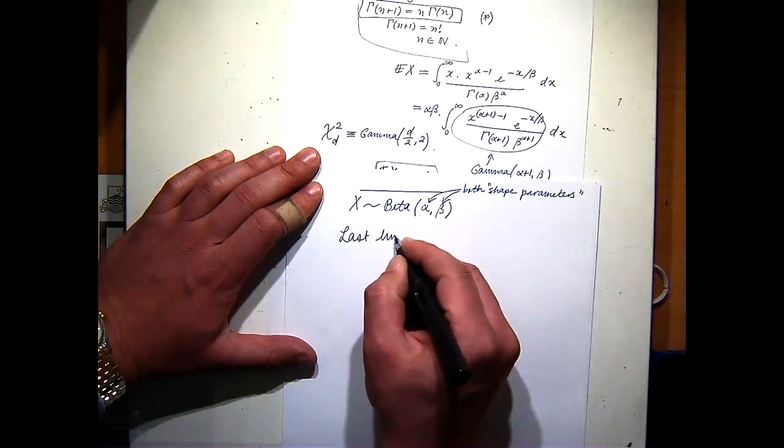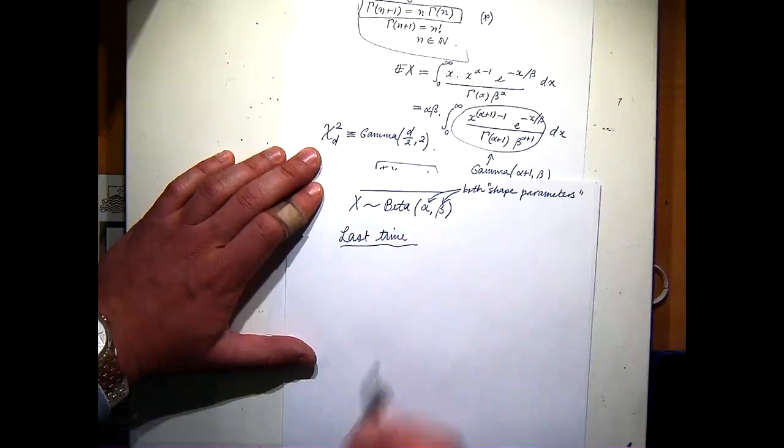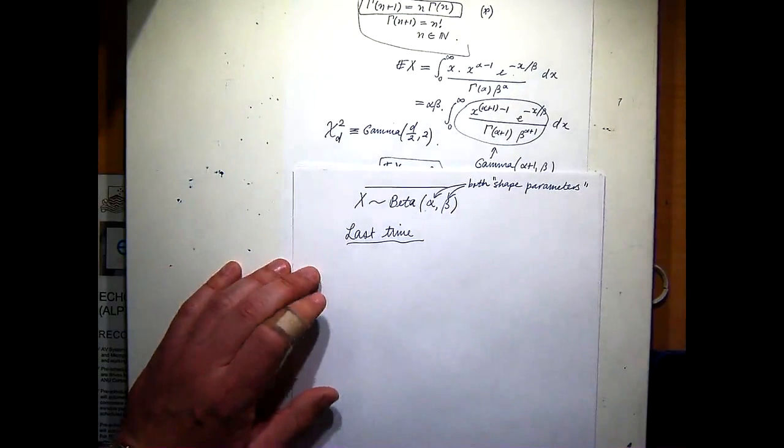As you would recall, last time or maybe the time before, we were talking about how you got a joint beta and gamma.